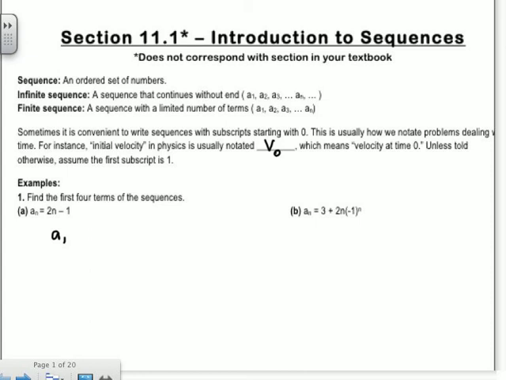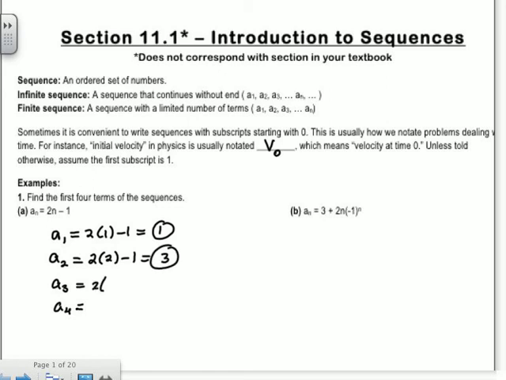Okay, so I get 2 times 1 minus 1. So it's 2 minus 1, which is 1. That's the first term of the sequence. We need to find the second term, the third term, and the fourth term. For my second term, I just plug in 2 for n. So I get 4 minus 1, which is 3.